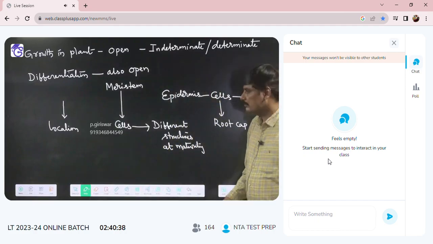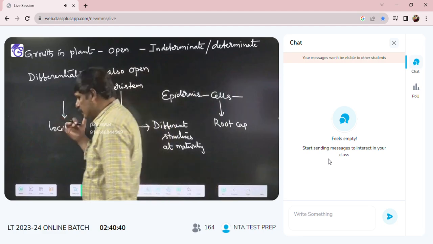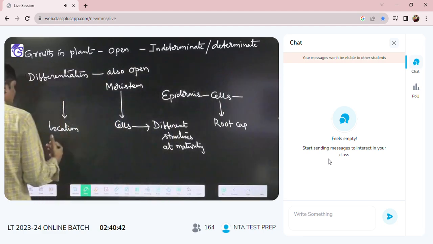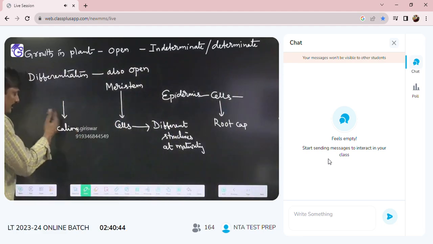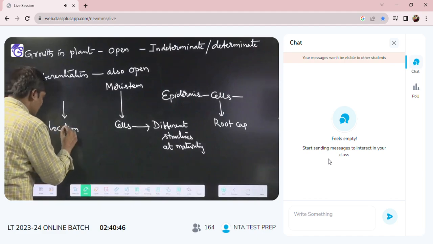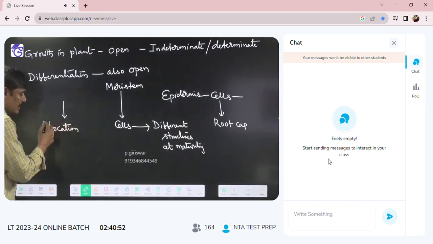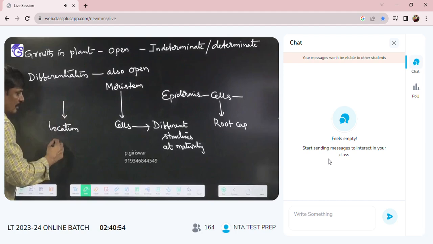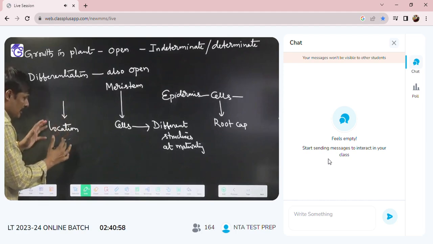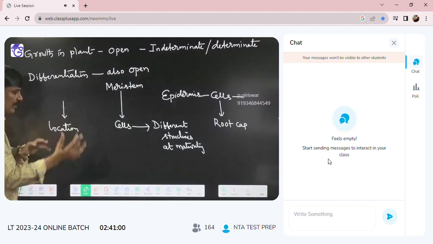So that differentiated cells, their function depends upon their location. So in that location, depending upon its function, they differentiated.